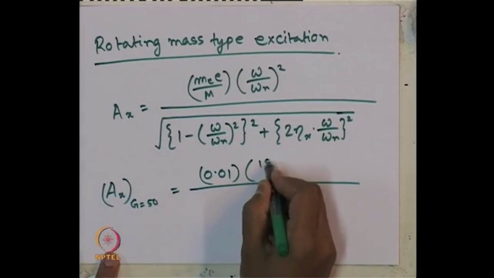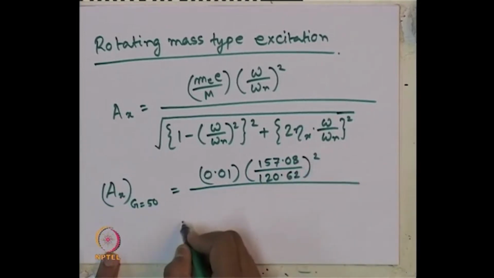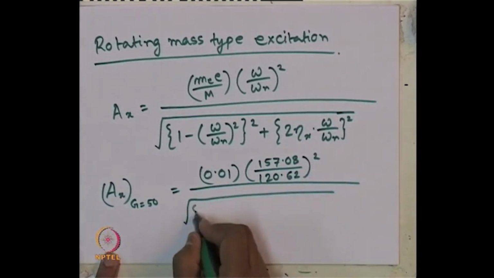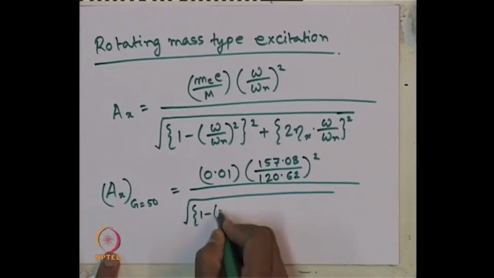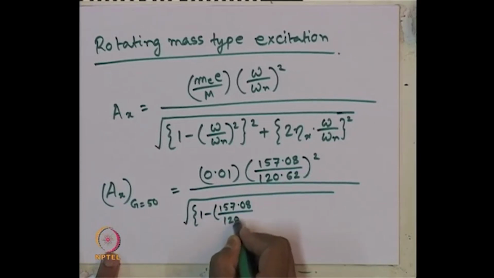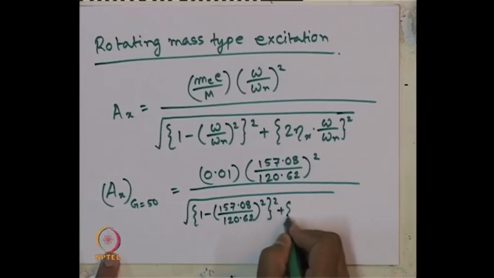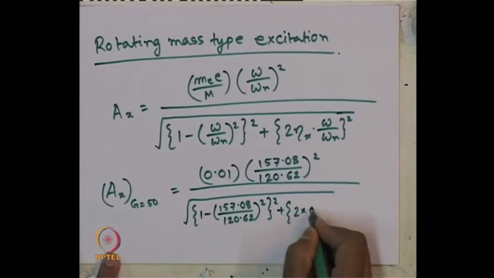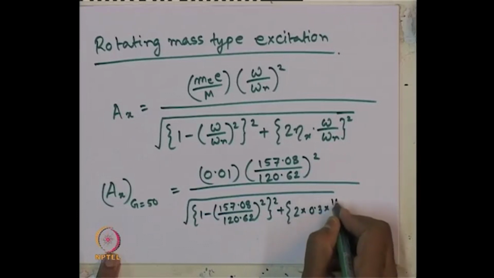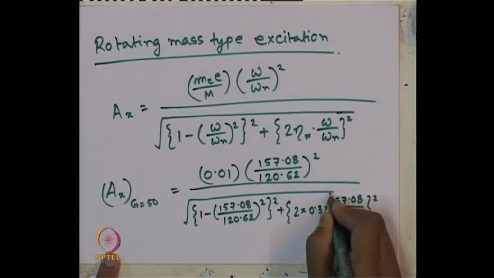This is 157.08 by 120.62 whole square, root over 1 minus 157.08 by 120.62 whole square, that square plus 2 eta x, which is 0.3, and 157.08 by 120.62, that whole square.